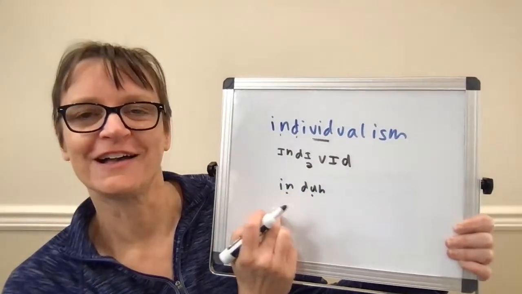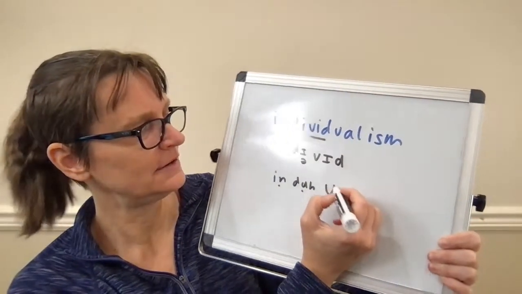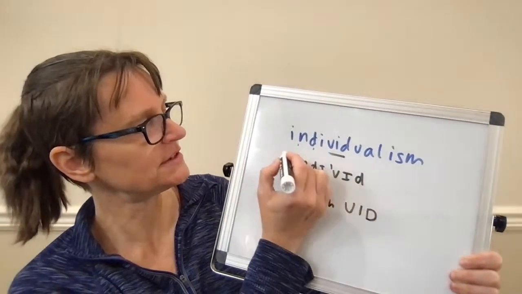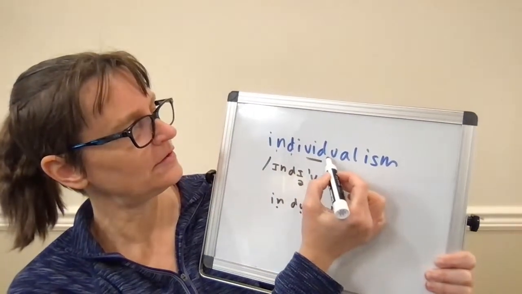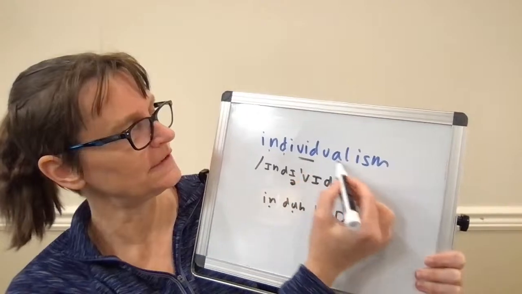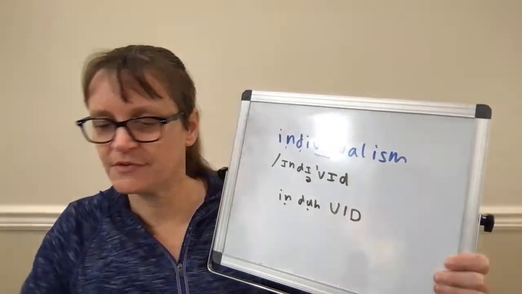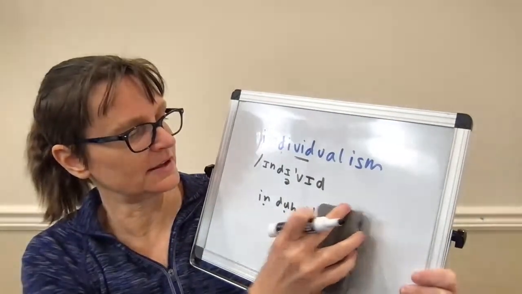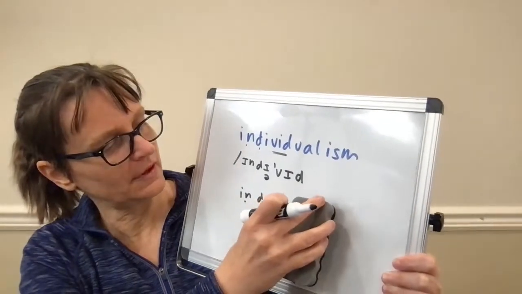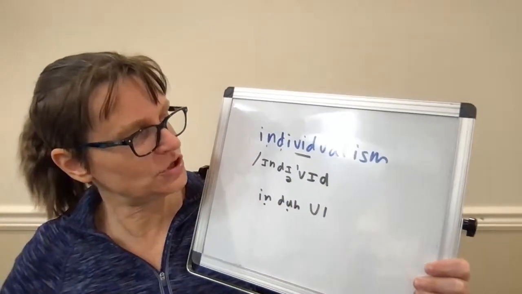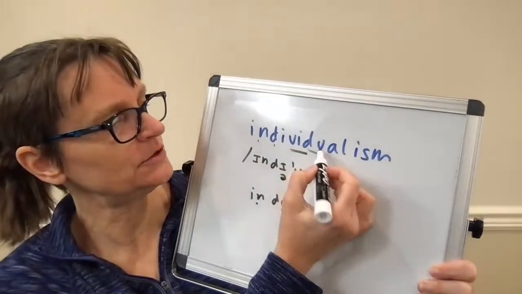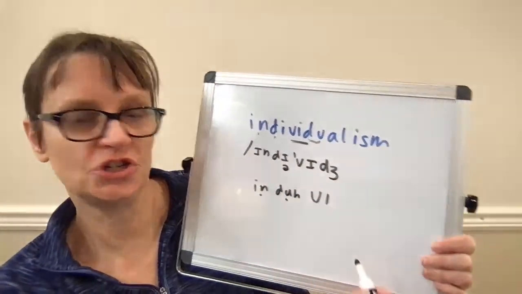I want to be very fast on those. Individ, that's where my stress is. And then individual, vidual. So actually I'll think about it like individual. So we have this du actually says the j sound.